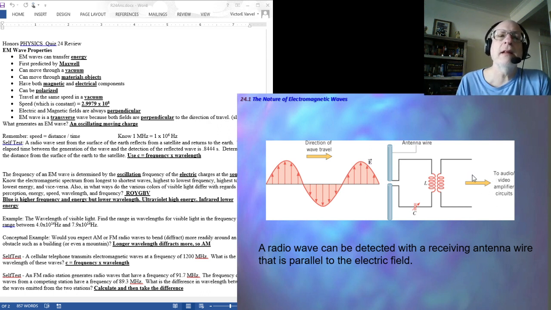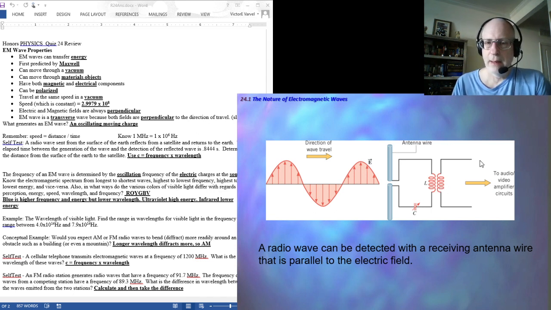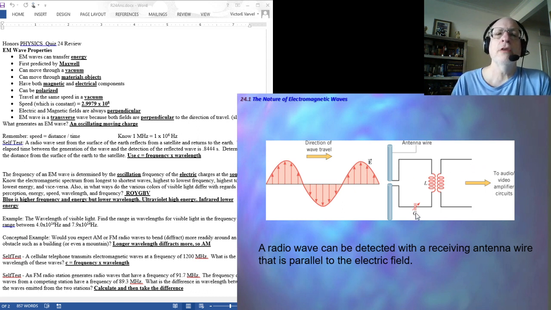But the neat thing about this, and why I put it up here, is you can see that a wave traveling through space interacts with the antenna, which generates a current, and that current generates a magnetic field, which then creates another current. And this allows you to basically transfer, and you can use capacitors to control the flow.